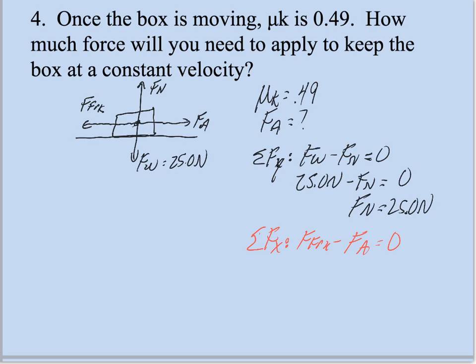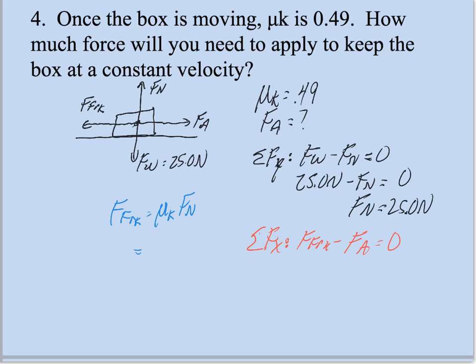So on the previous problem, we had to find the friction force because we knew that the kinetic friction force was equal to the coefficient of kinetic friction times the normal force.